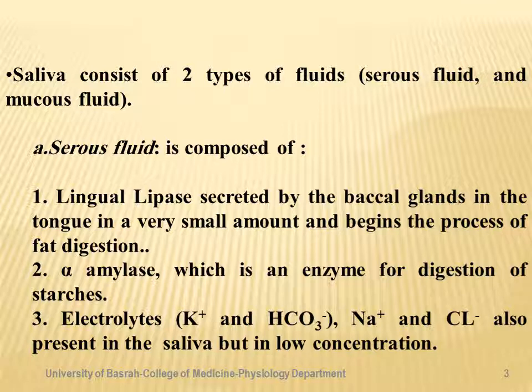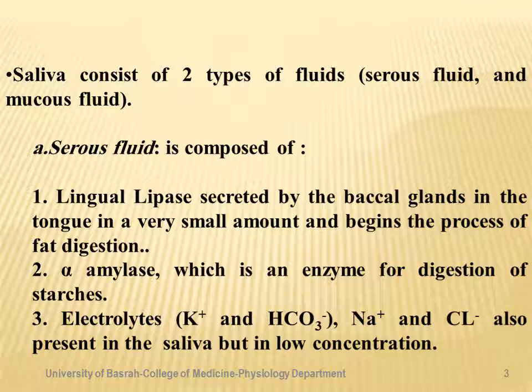Usually the buccal glands are not considered salivary glands, but they are inside the oral cavity and have the ability to release the lingual lipase. This enzyme is believed to initiate the process of fat digestion.